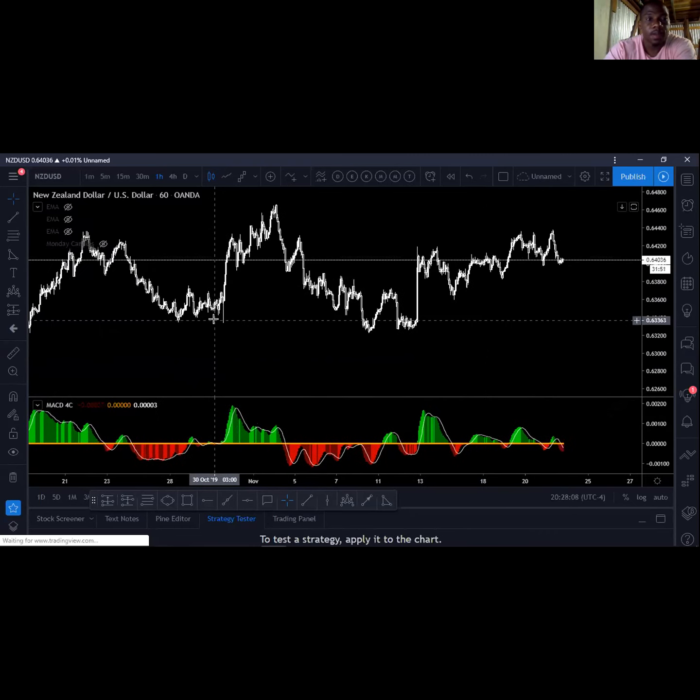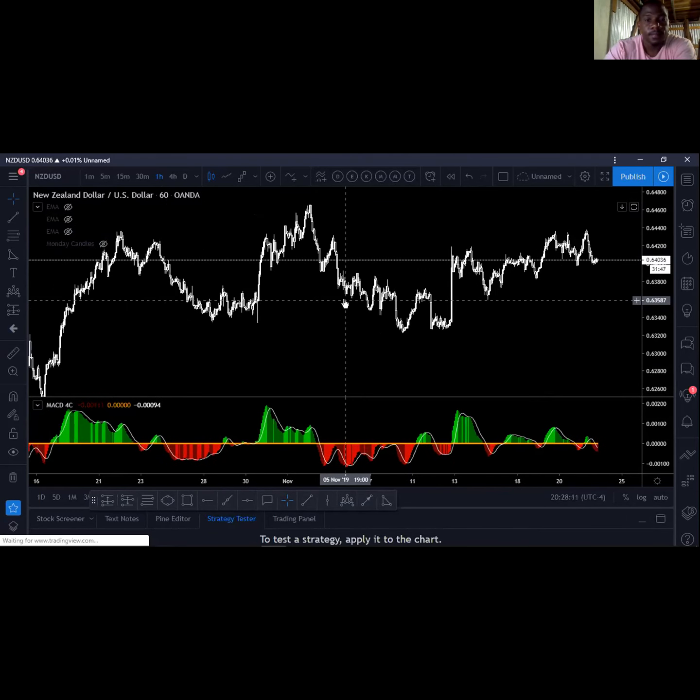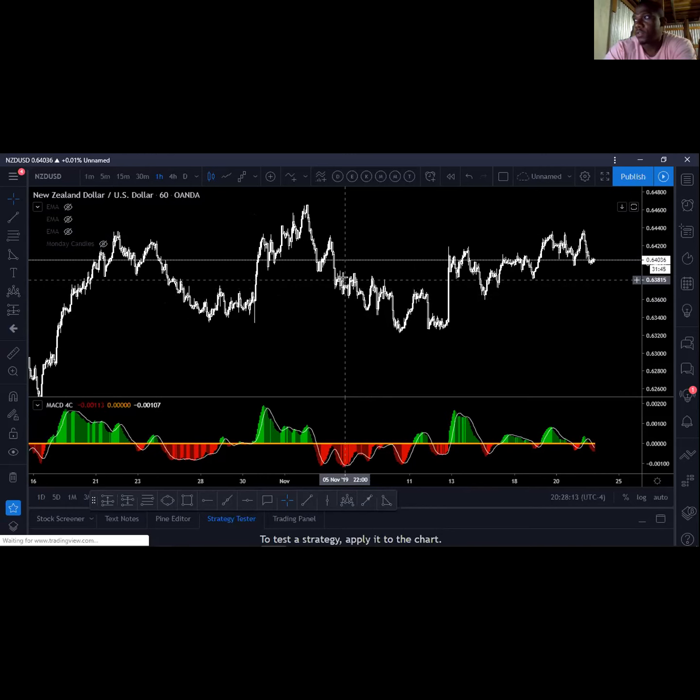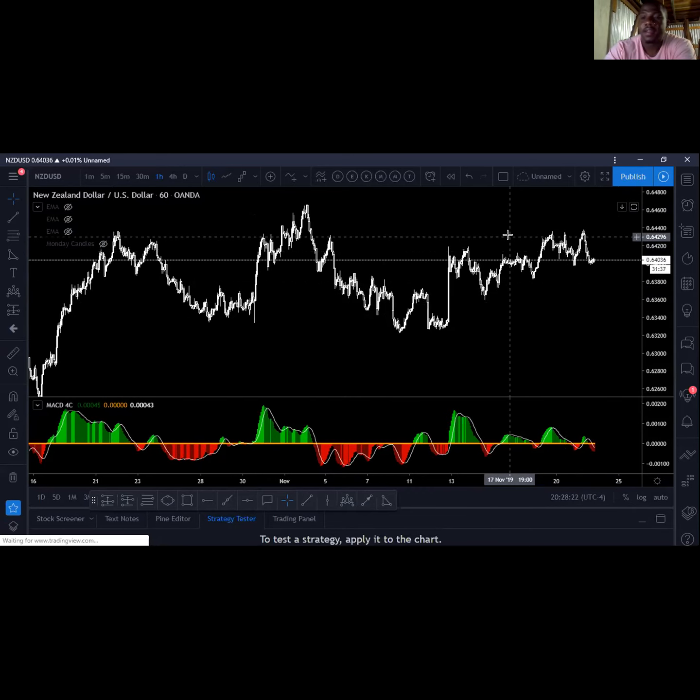So this pair right here, looking at NZD/USD, we can now go through how to trade your stop loss. With trading your stop loss, I would normally do that manually. Everybody should know to enter the stop loss and take profit.